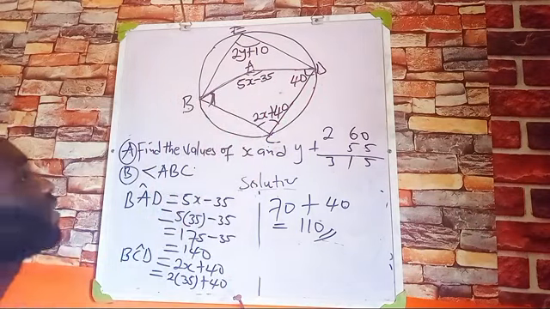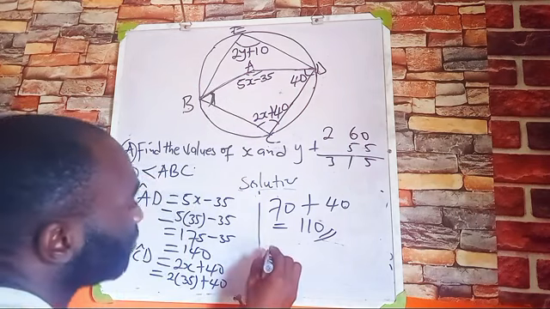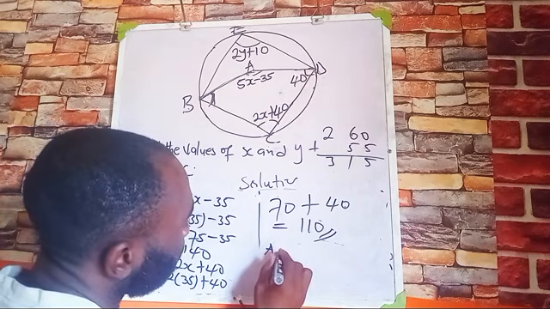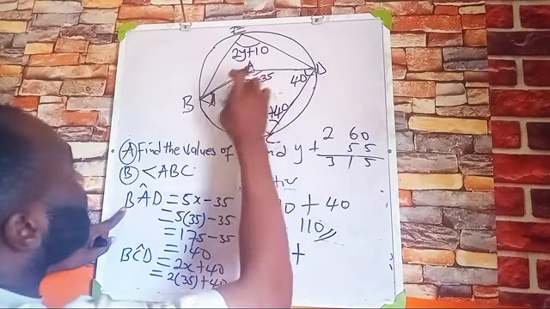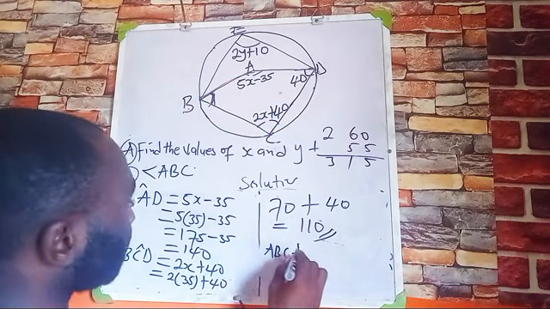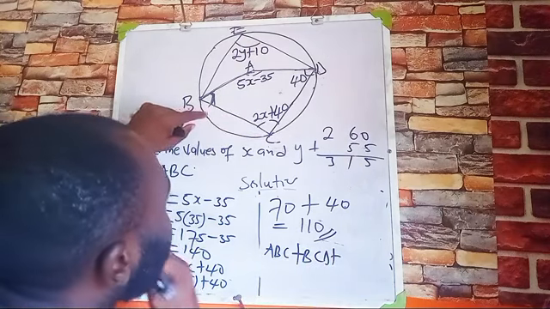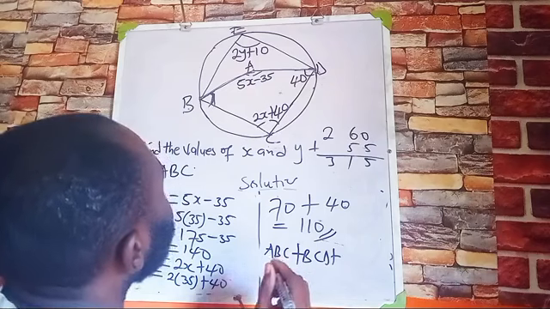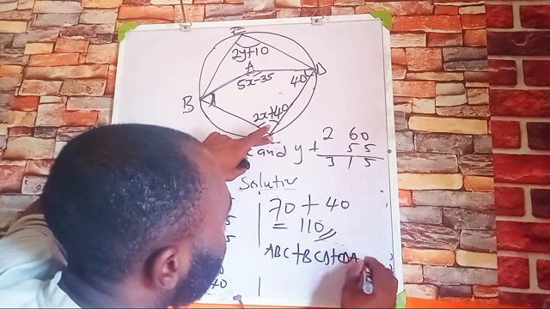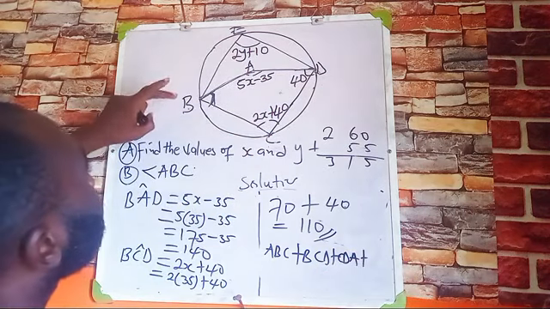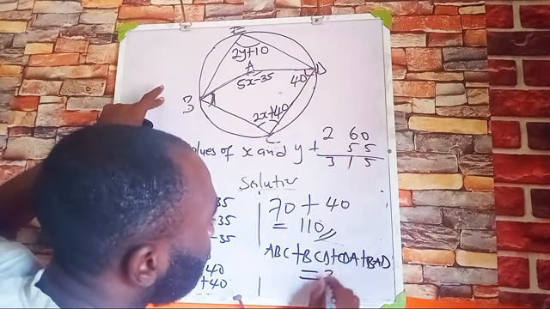For us to have angle ABC, angle ABC plus BCD, then plus angle CDA, plus this one here, which is BAD, everything is equal to 360.